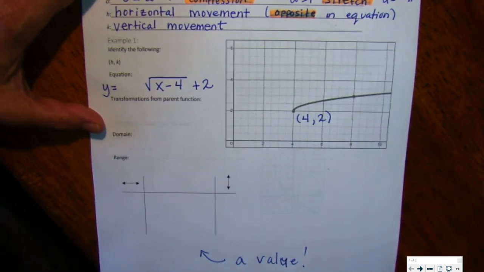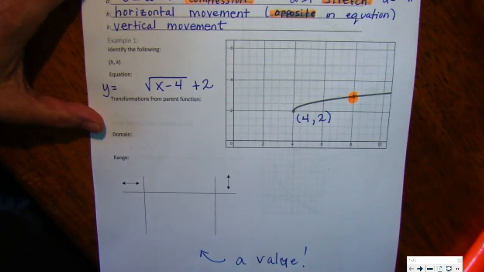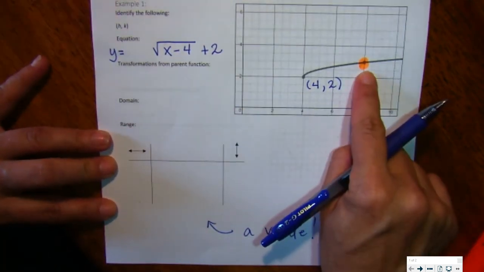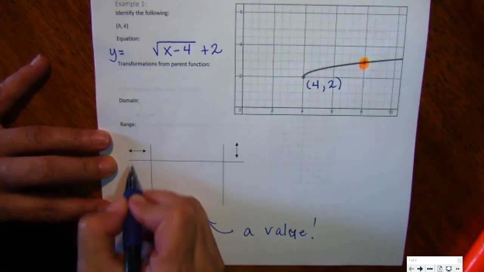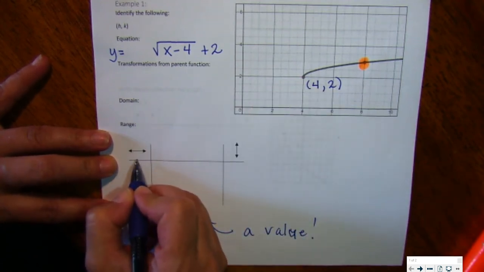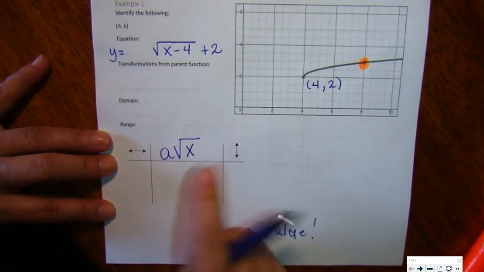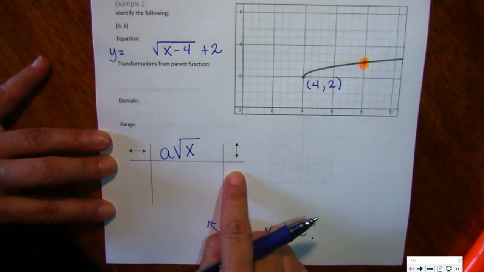If you notice, we have an additional point right here, and we have to have that additional point to determine the A value. So we're going to use the movement from the vertex to find the value of A. Remember, this is our horizontal movement. And remember, this is going to be A times the square root of that horizontal movement, and that's going to give us the vertical movement.